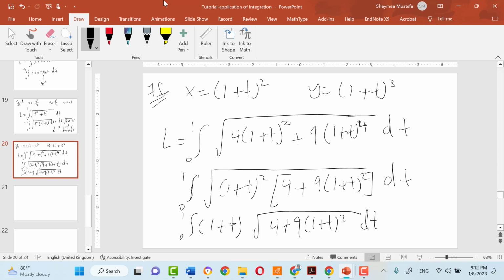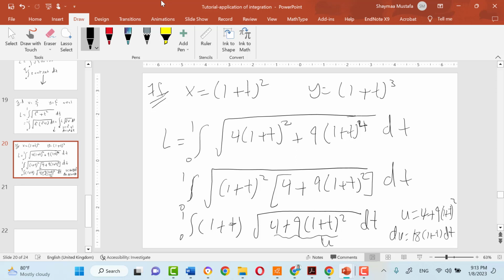For this one from 0 until 1, take the substitution u equal to 4 plus 9 (1 plus t square). Take all this value equal to u, then du will be 18 (1 plus t) dt. This is the idea of question 7F.